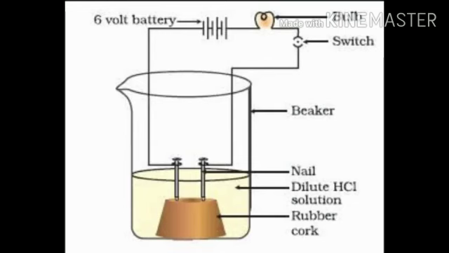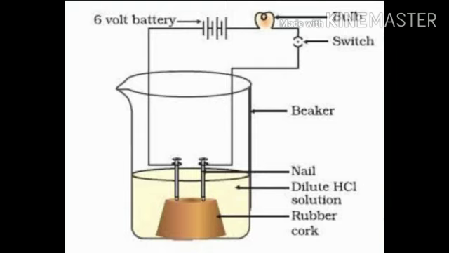As you can see here in this figure, a beaker is taken, and inside the beaker two iron nails are fixed on a cork, and that cork is placed inside the beaker. The nails are connected to the two terminals of a 6-volt battery through a bulb and a switch.